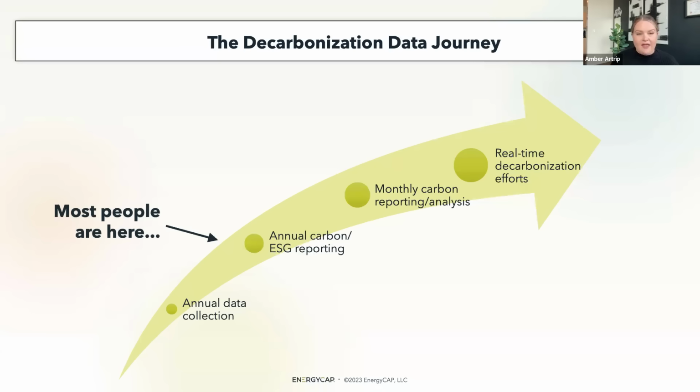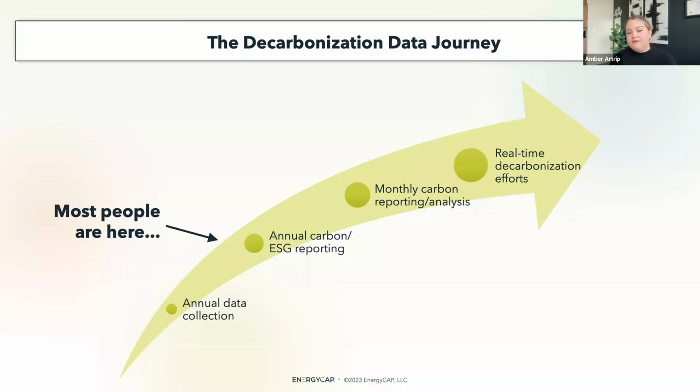And that's okay. What happens in this kind of area is a lot of people spend a good amount of their time each year pulling disparate data sources together, usually into a spreadsheet, for their ESG reporting or for their annual corporate sustainability reports, and that's okay.